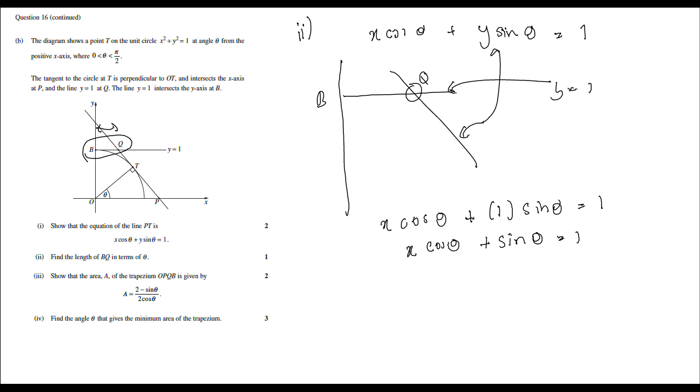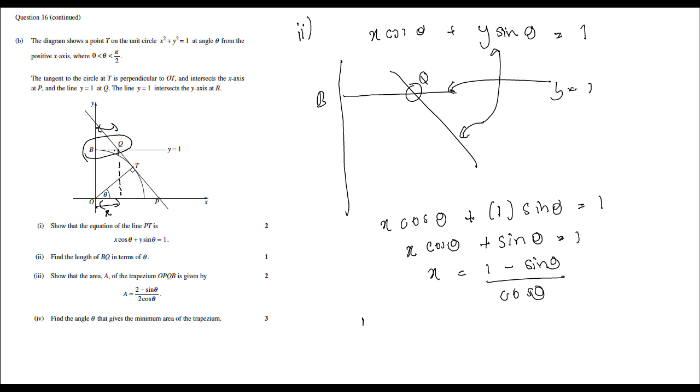So we rearrange the term: x equals 1 minus sine theta over cos theta. So that's the x coordinate actually. Now if you think about it, the x coordinate is actually the length of BQ, because that's from the origin. So that x coordinate you find is the length of BQ.